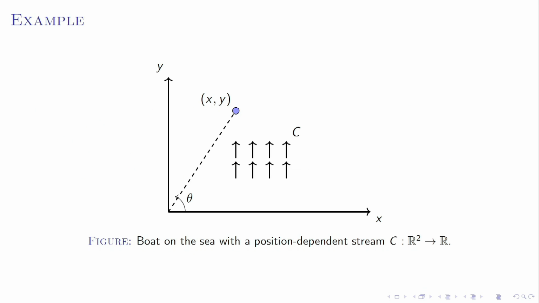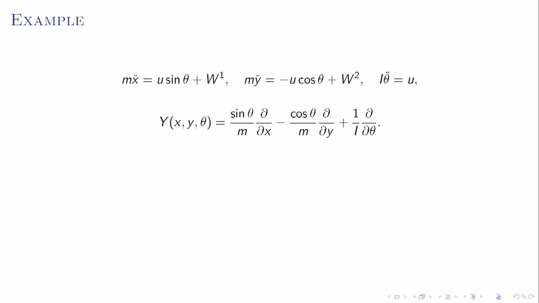An example where we have detected the existence of a control law is that of a boat in the sea under the influence of a sea current, denoted here by the function C. In this context, we impose on our boat some controls, actually just one, associated with this force field, so we can only exert control in the direction of this force vector field.